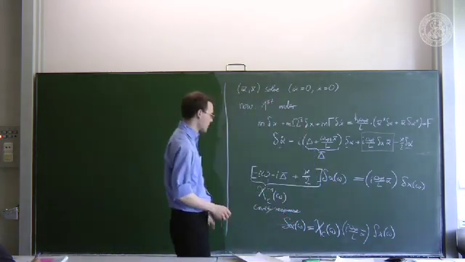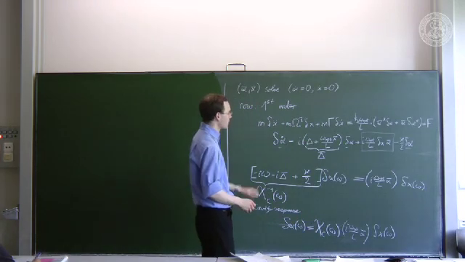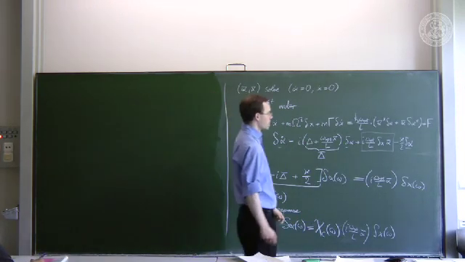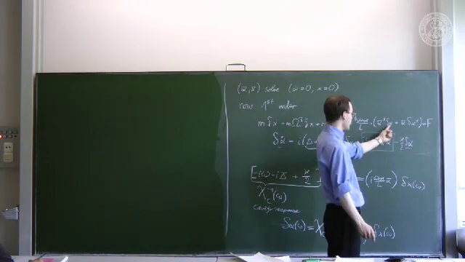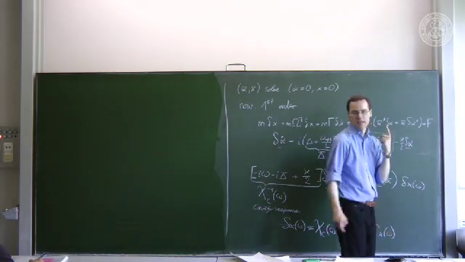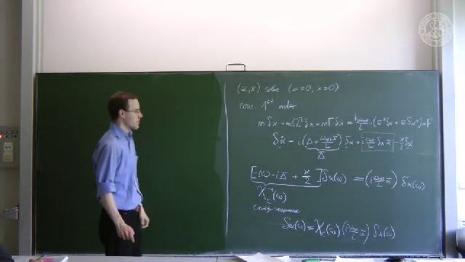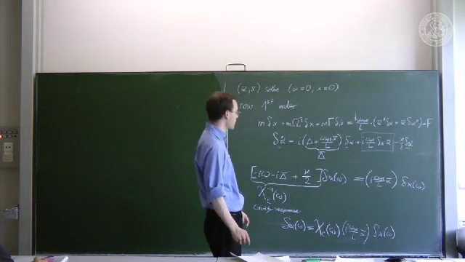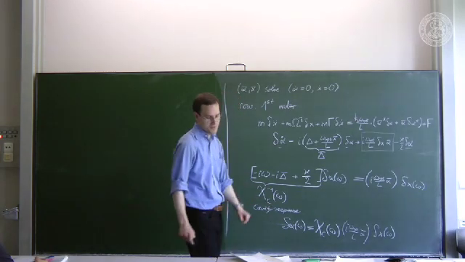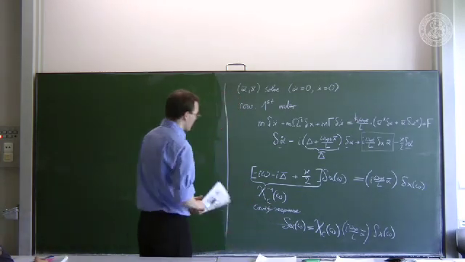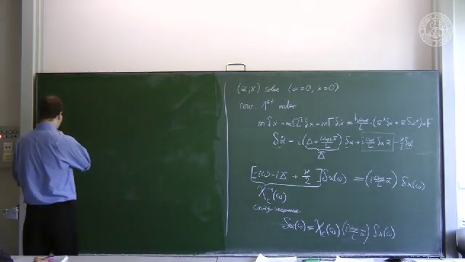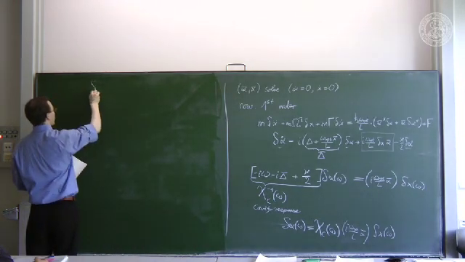Now, if I want to insert this solution into the equation for delta x, there's a slight complication, namely that I have both delta alpha and delta alpha star, the complex conjugate. That's not really a big problem in time space, but obviously I also want to solve this equation in Fourier space. So what I will need is the following.